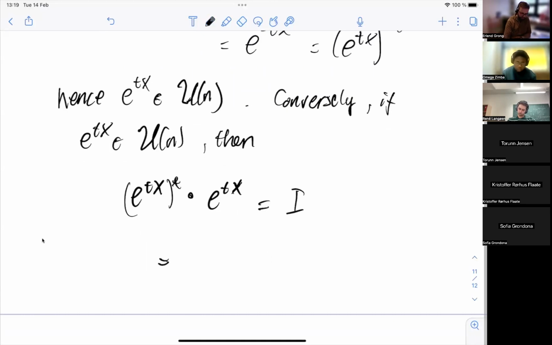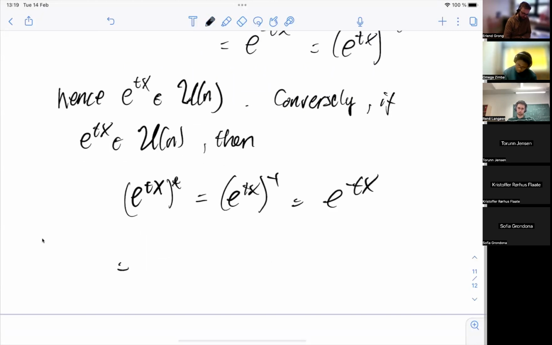Let's not do it like this. It should be equal to e to the t X inverse, or e to the minus t X, but it should also be equal to e to the t X star. And hence X star is equal to minus X.